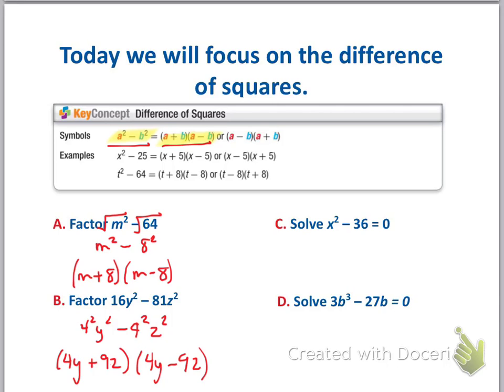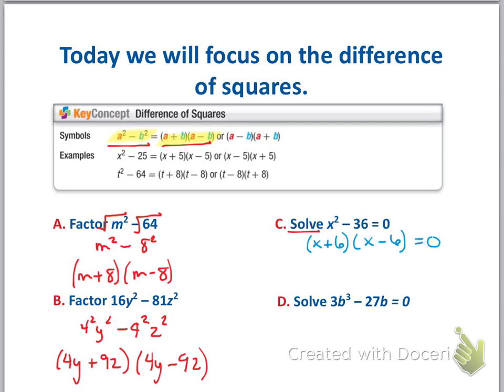Okay. Letters C and D say solve. So these are going to be a little bit different. We're going to have to take an extra step here. So with x squared minus 36, that's x squared minus 6 squared. So we can rewrite it as x plus 6, x minus 6 equals 0. It's factored.